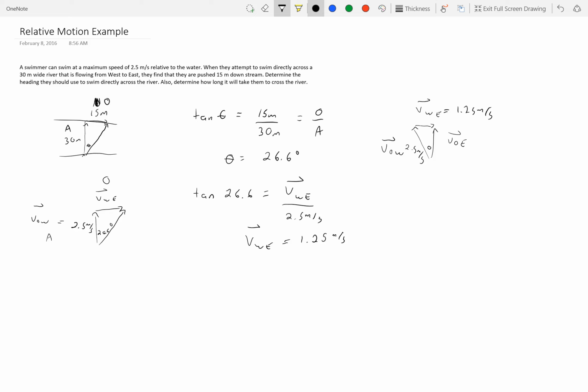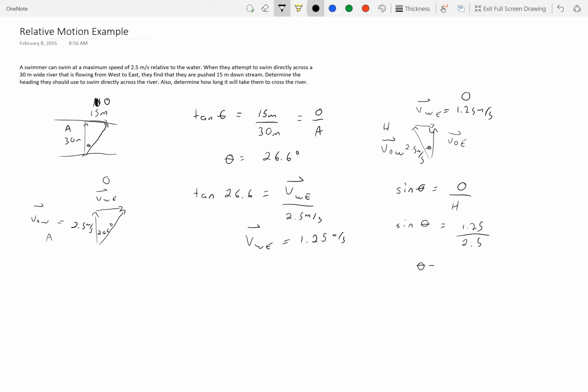And the question is, what angle should you do that at such that VOE ends up pointing straight north, or straight across the river? If we're careful here, we'll recognize that what we have is the opposite and the hypotenuse. So this time we can use sine to find that angle. Sine theta works out to be 1.25 divided by 2.5.